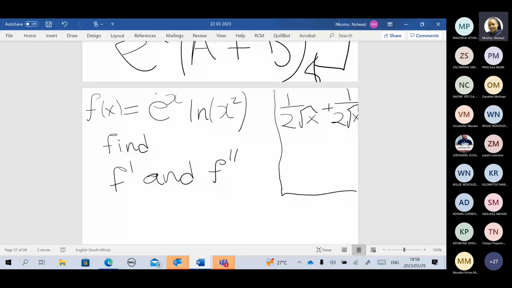You mean this? This is the same thing as 1/2 x to the power minus 1/2 plus 1/2 x to the power minus 1/2, right? These two terms are the same, meaning we can add them.